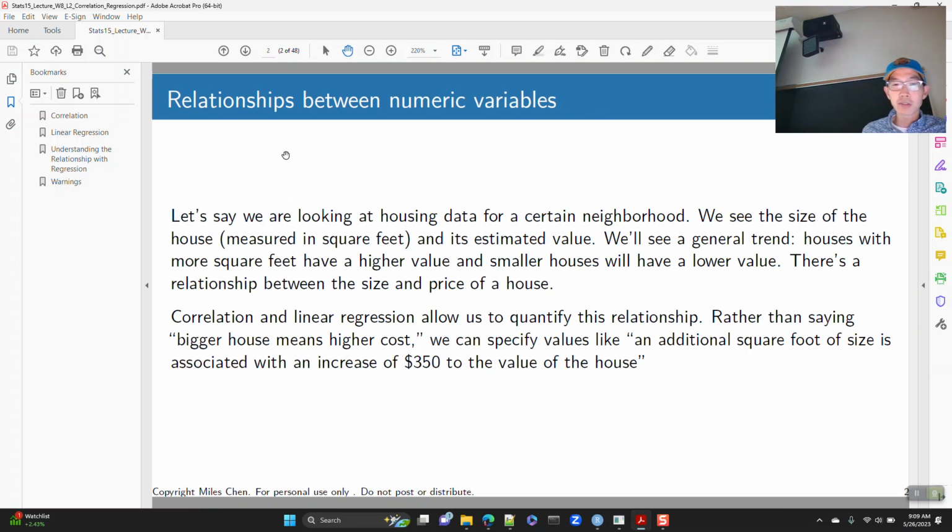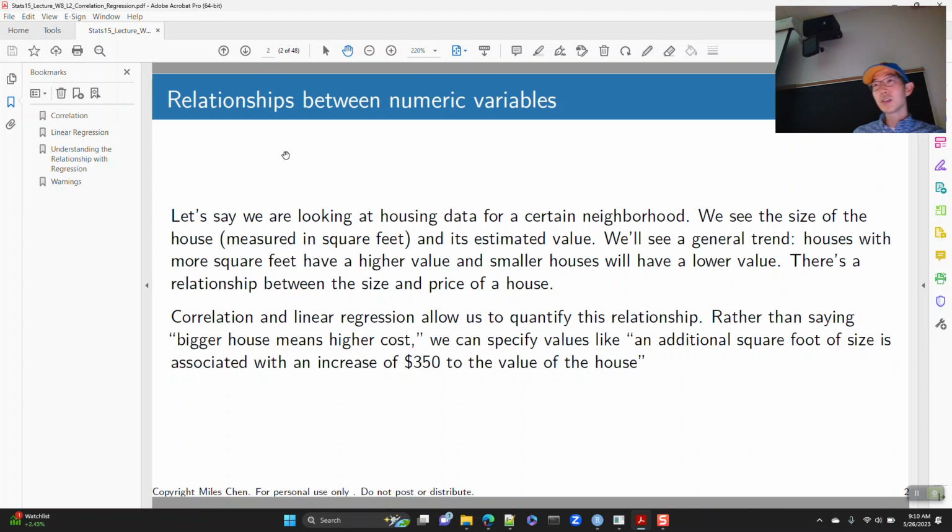So this is what we're looking at, right? Relationships between numeric variables. For example, let's say we're looking at a housing data set for a particular neighborhood, and we're going to see a trend. Let's say one of the variables in our data set is the size of the house measured in square feet and its estimated value or estimated cost, okay?